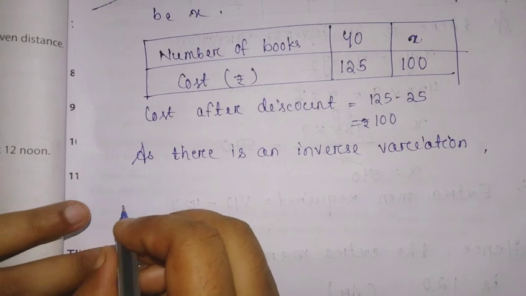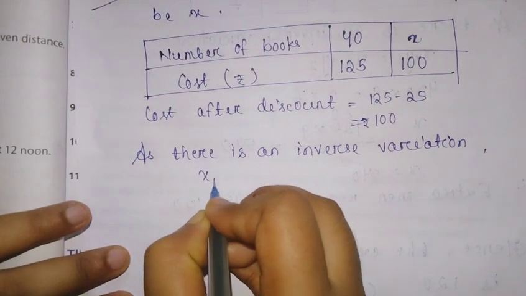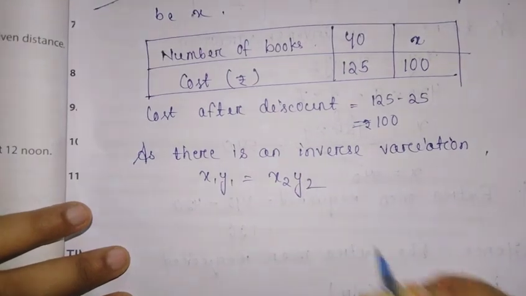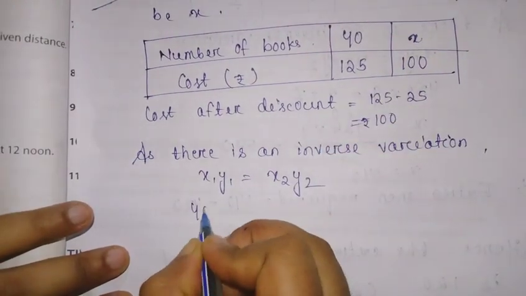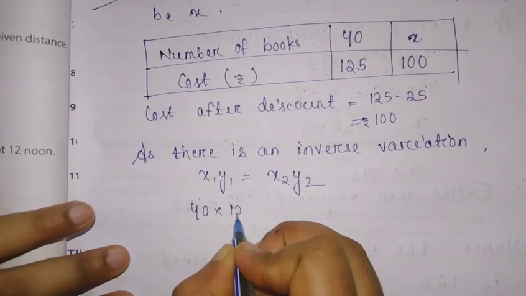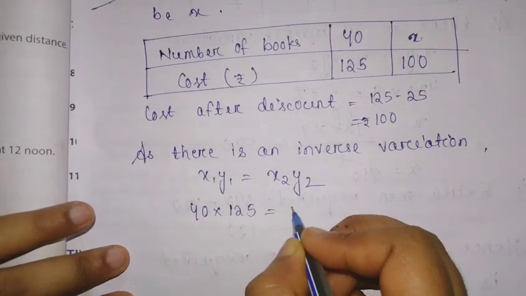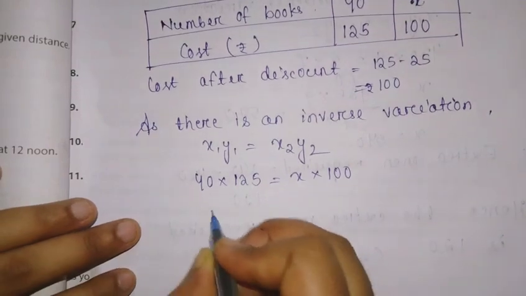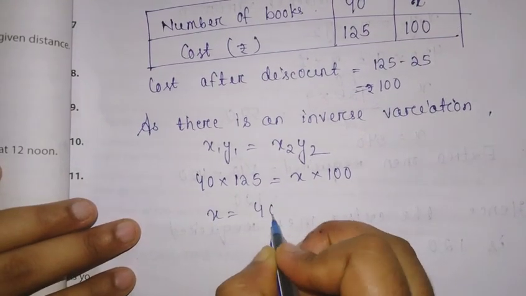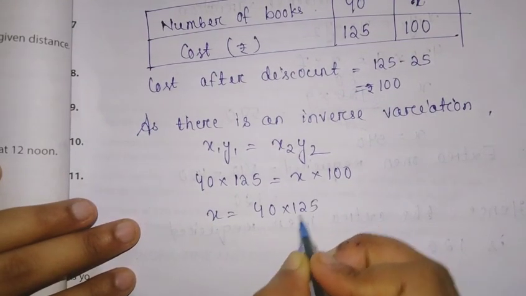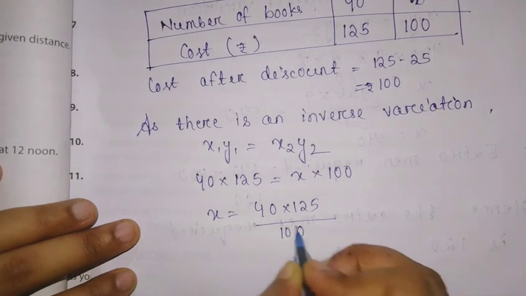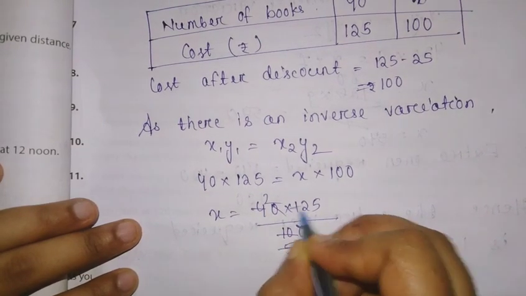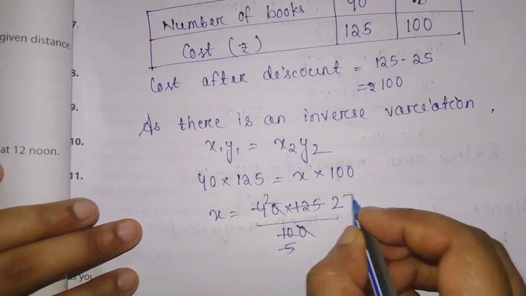Then we put the inverse variation formula: x1 into y1 equals x2 into y2. Here x1 is 40 and y1 is 125. Then x2 is x and y2 is 100. Then x equals 40 into 125 divided by 100. 2 fours are 8... 2 fives are 10, then 5 twos are 10, 5 fives are 25.